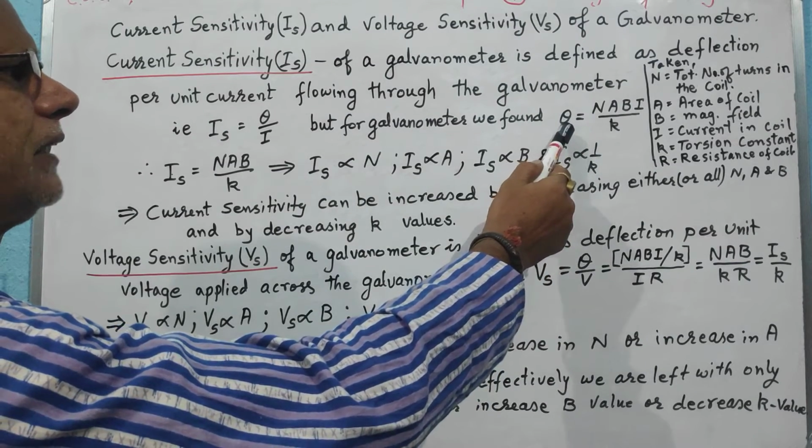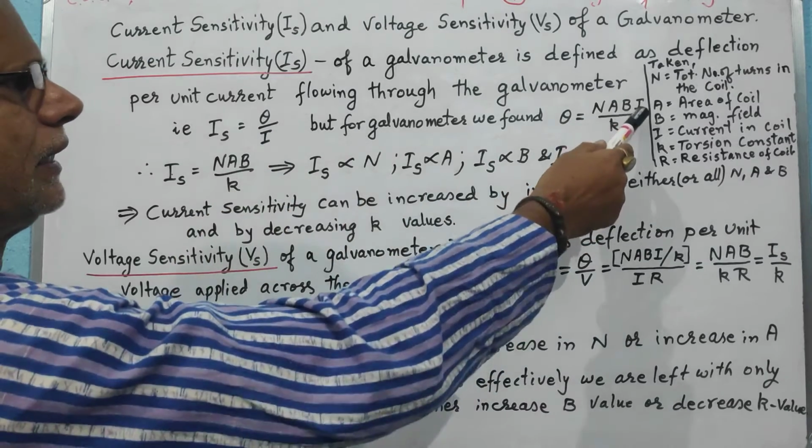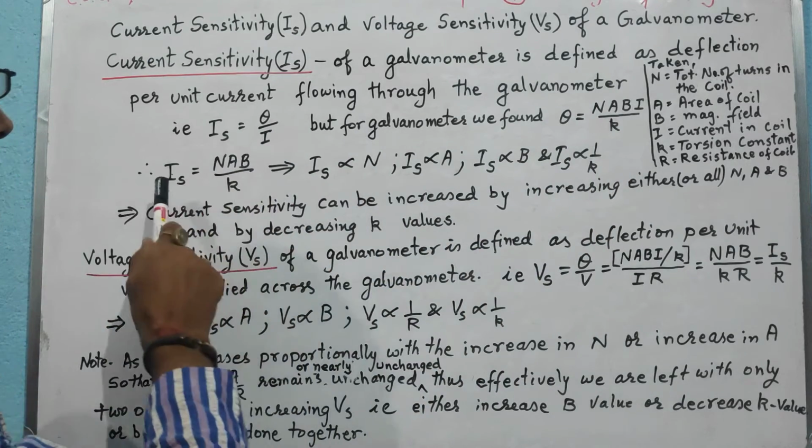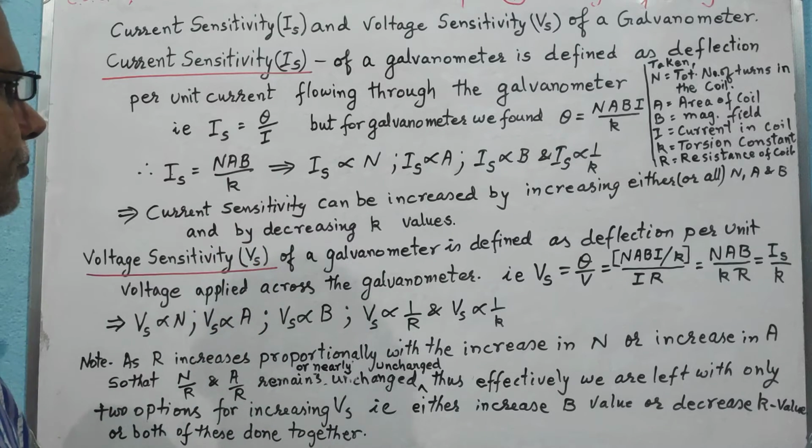If we put that theta value over there and divide it by I, you see I gets cancelled. So we are left with current sensitivity equal to NAB upon K.